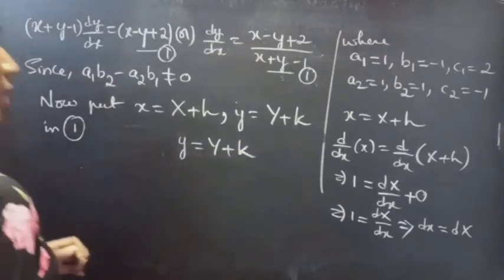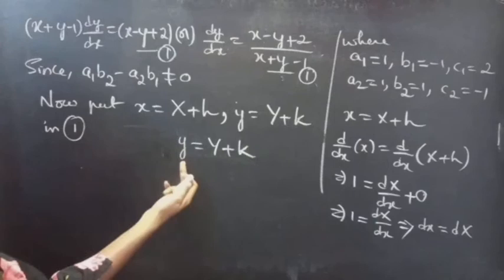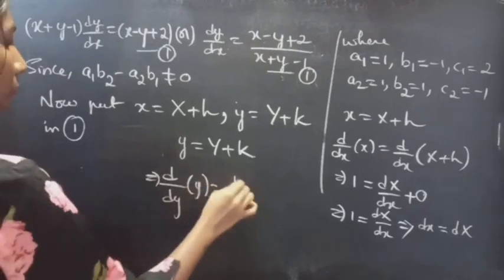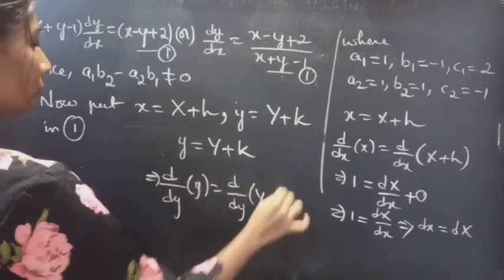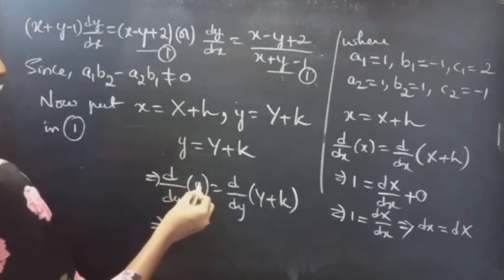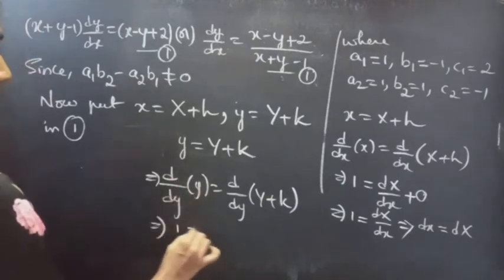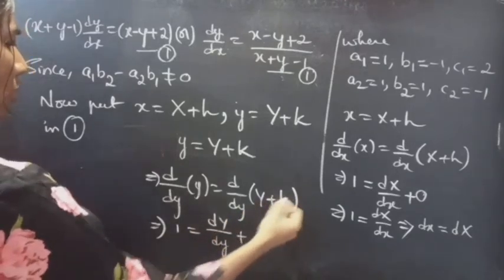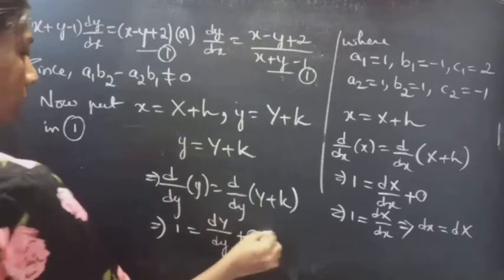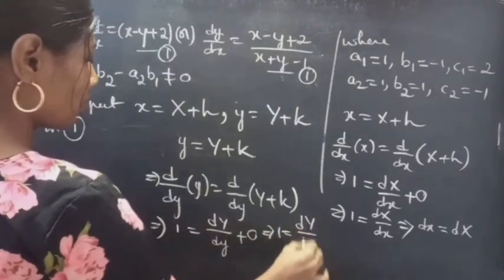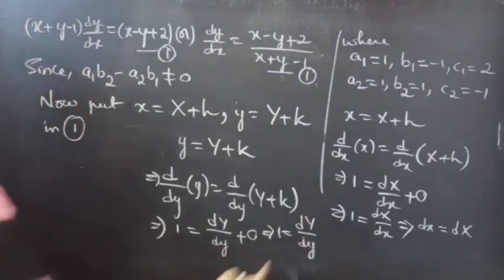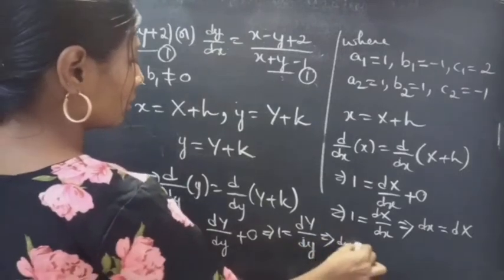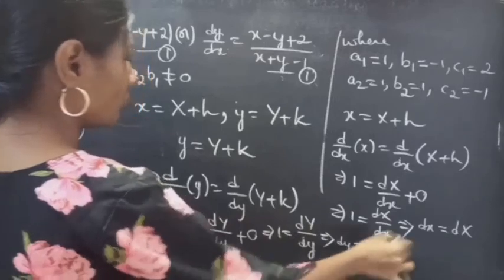If you differentiate on both sides with respect to small y, then you'll get derivative of small y with respect to small y is 1 equals to derivative of capital Y with respect to small y plus derivative of a constant with respect to small y is 0. Then you'll get 1 equals to differential capital Y by differential small y. So from this we'll get 1 into small dy equals to d capital Y, right?